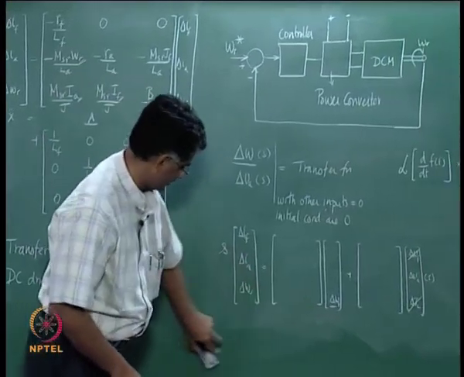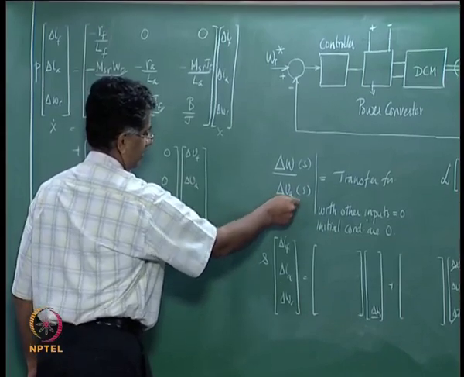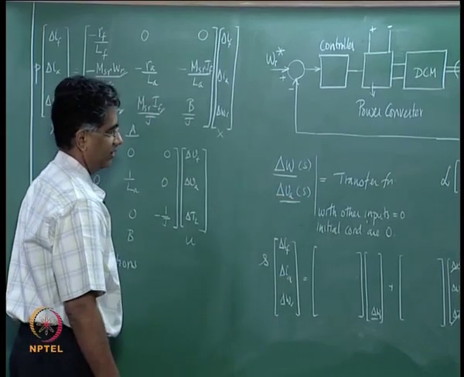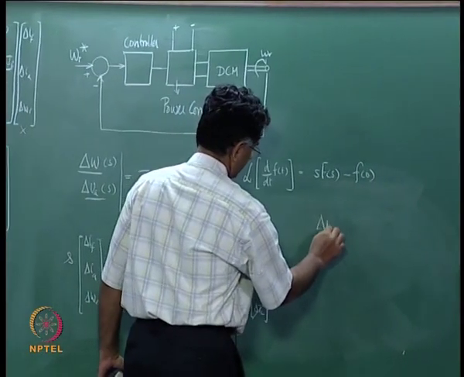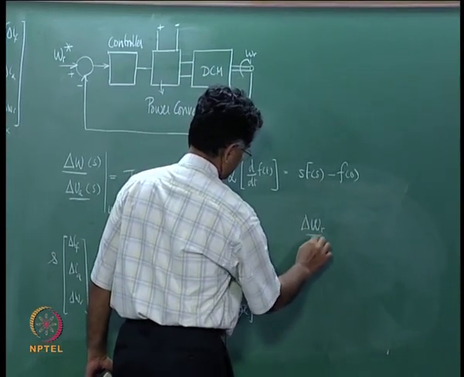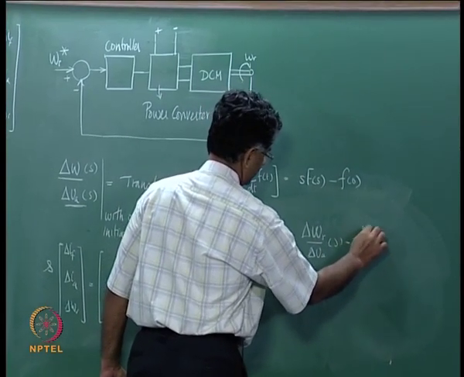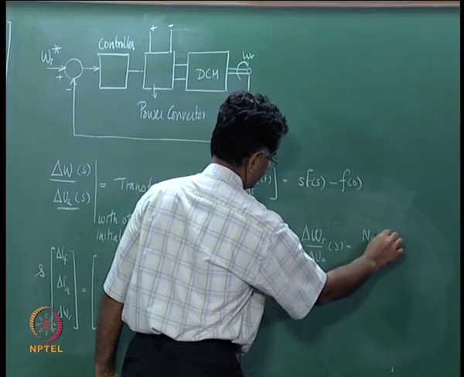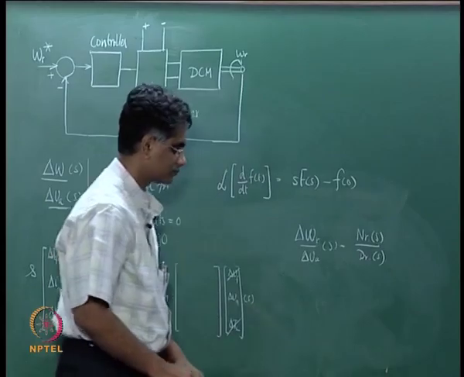We will leave it to you as an exercise to solve this and obtain the relationship between delta omega and delta VA. You will find that delta omega r by delta VA, as a function of s, can be obtained as a numerator as a function of s by a denominator as a function of s.